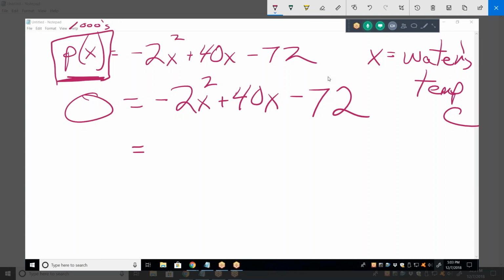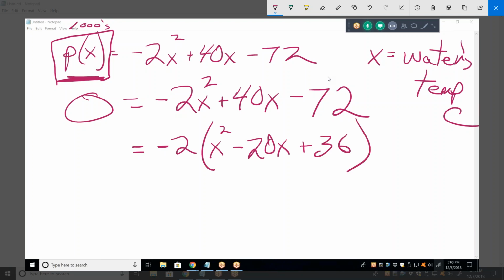By 2. Good. Actually, let's take a negative 2 out. And there's a reason to take a negative 2 out. It's because you want your remaining quadratic to have a plus coefficient. Is that correct? Yes.